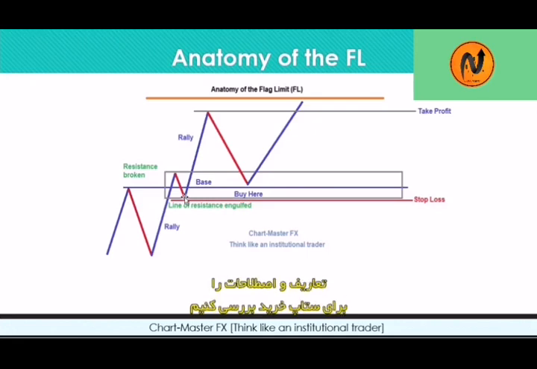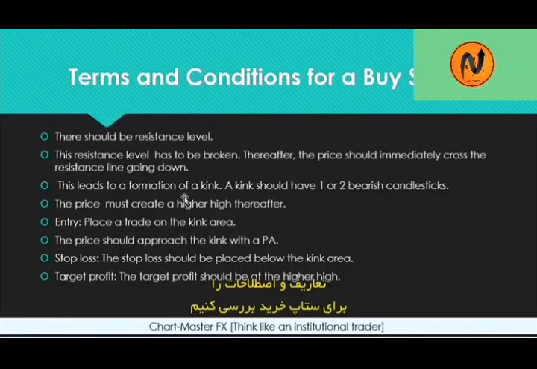That's the condition. So let's look at the terms and conditions for a buy setup. There should be a resistance level, as I have alluded before. This resistance level has to be broken.